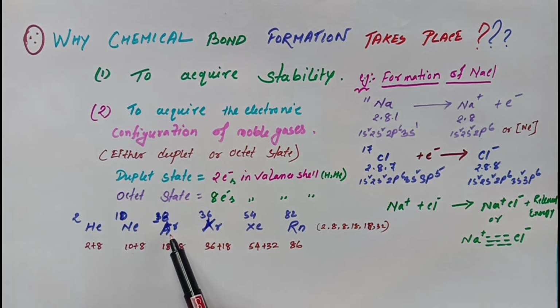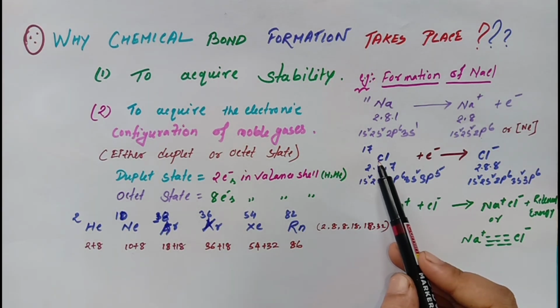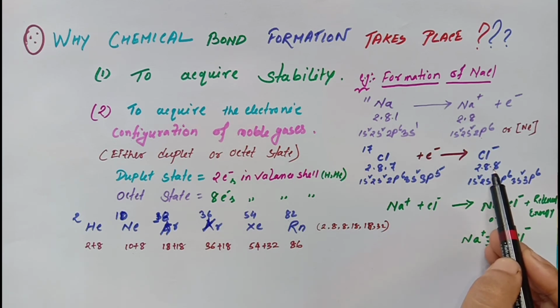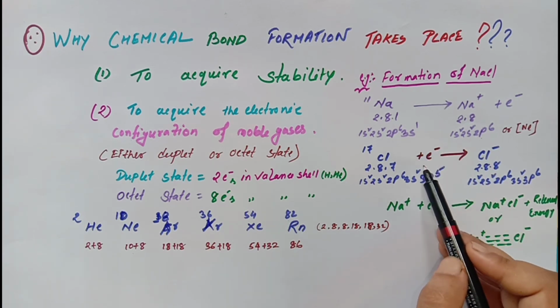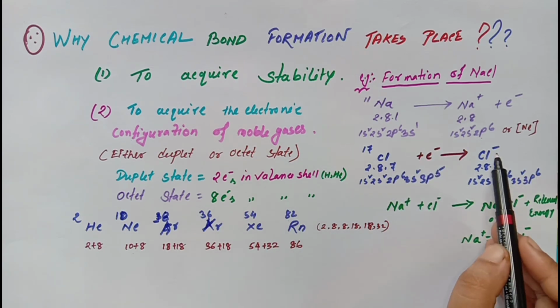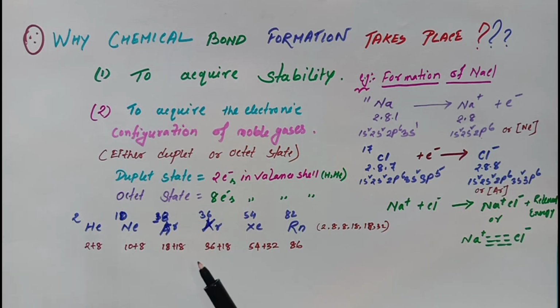That is argon. Its atomic number is 18 and chlorine's is 17. And it will be easier to get the nearest noble gas electronic configuration by gaining 1 electron. That is why chlorine will accept 1 electron and form the chloride ion. So because of these reasons, various constituent atoms or ions try to make a chemical bond.